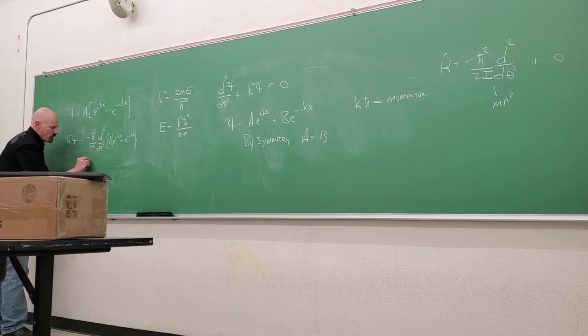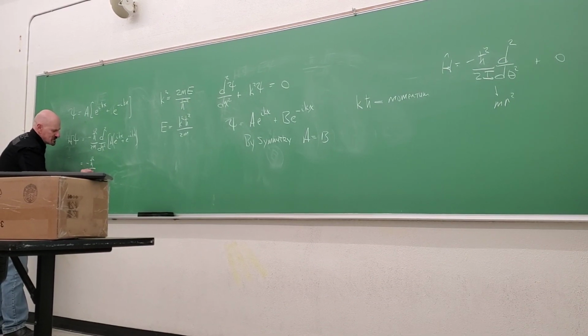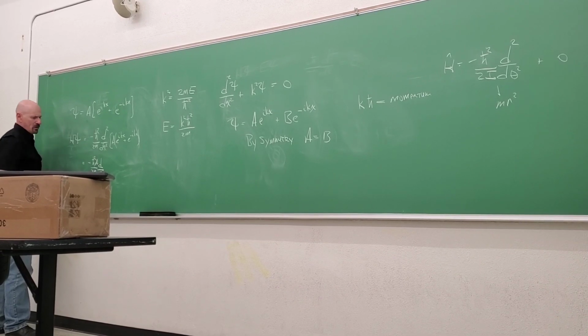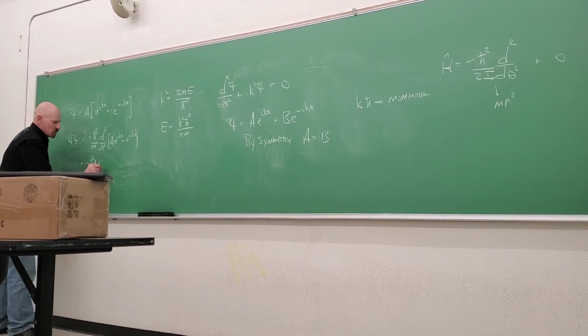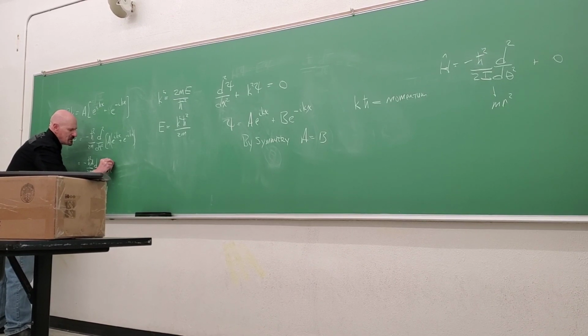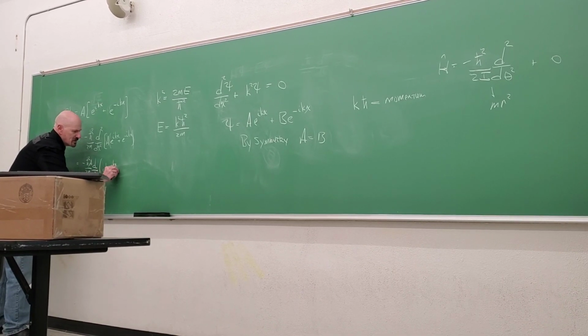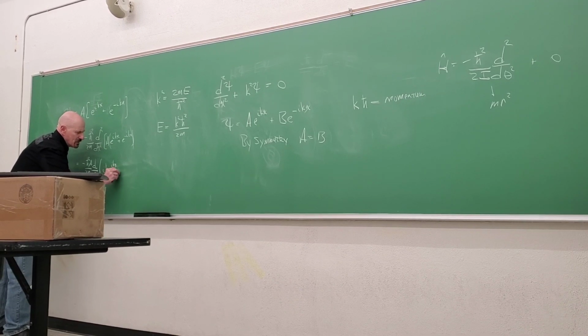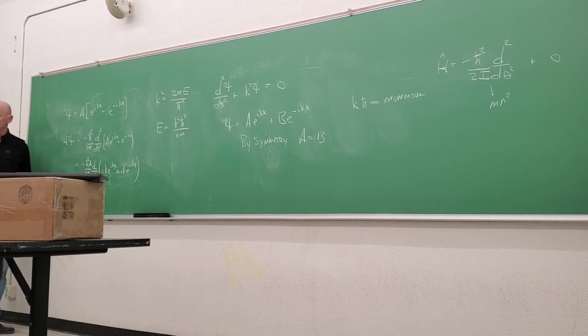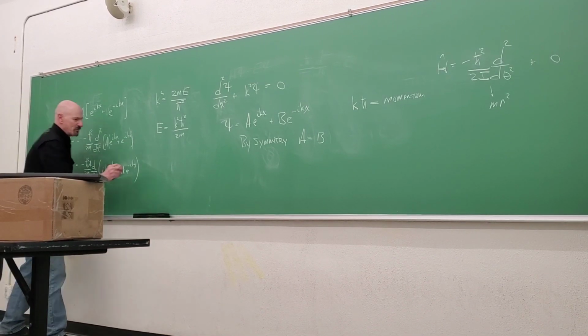So minus h bar squared over twice the mass. Now, the first derivative, I'll bring the a out for the moment. This becomes ik e to the ikx minus ik e to the minus ikx. Okay, let's take the derivative again.